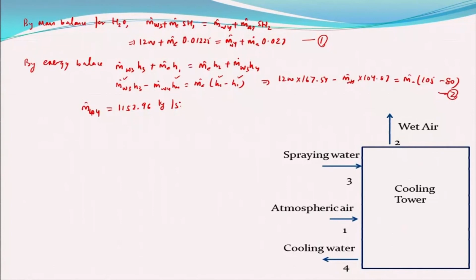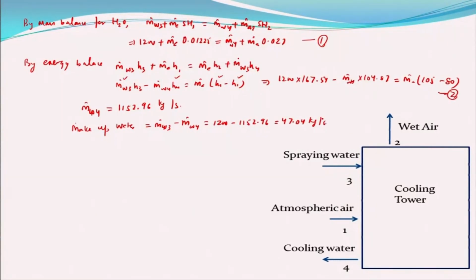So, what is the makeup water? It is MW3 minus MW4. What is MW3? 1200 minus 1152.96, which gives me 47.04 kg per second.